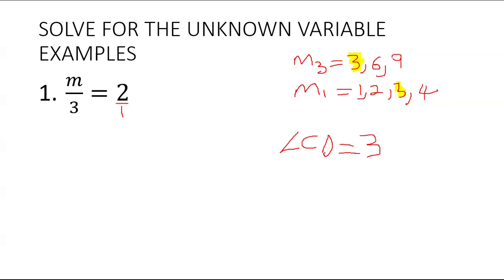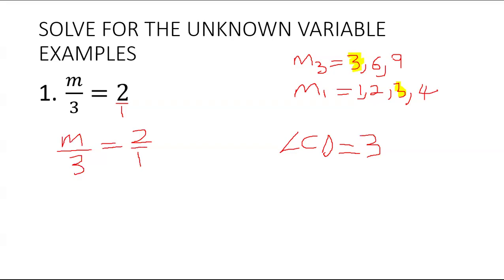Now, what you need to do is to make sure that your denominators are equal to the lowest common multiple. Already on the left, the denominator is 3. So I'm just going to take that m and divide it by 3. I won't change that. However, on the right, the denominator is 1.